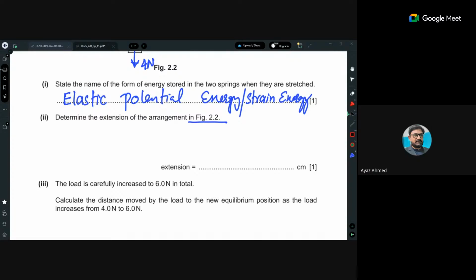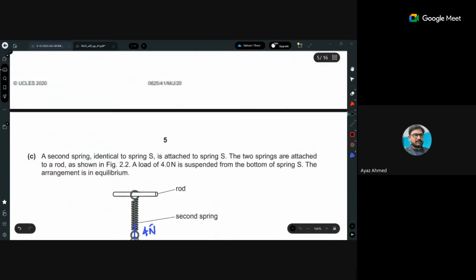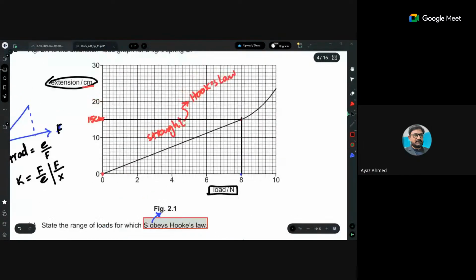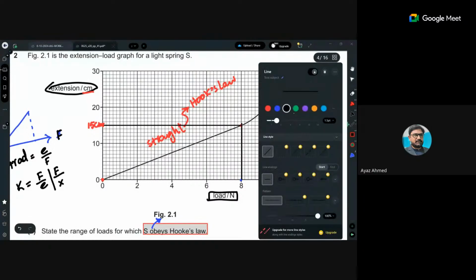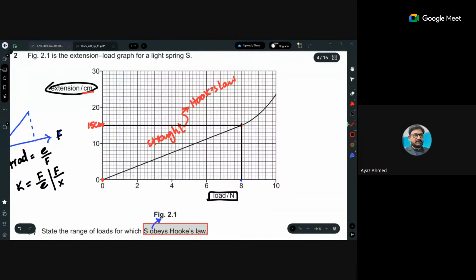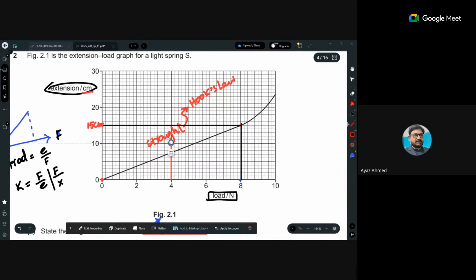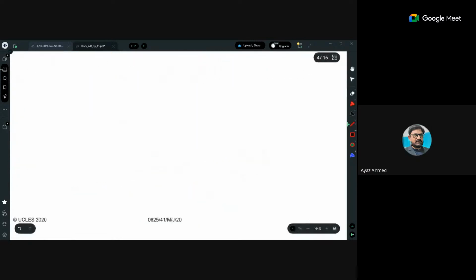Now check: go to the 4 Newton load on this graph and find what the extension is there. This is the 4 Newton load, and the extension is how much? The extension is 10. So 10 is the extension of one spring, isn't it? Are you getting it?